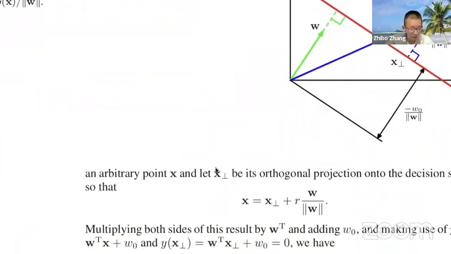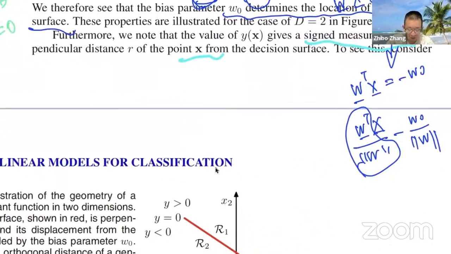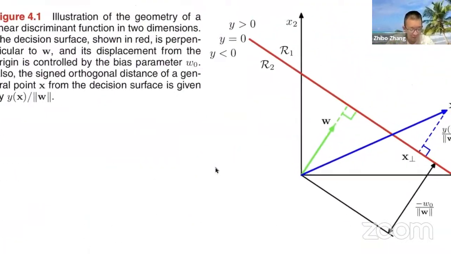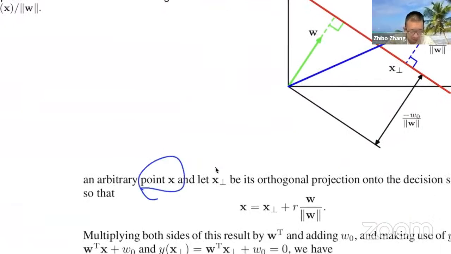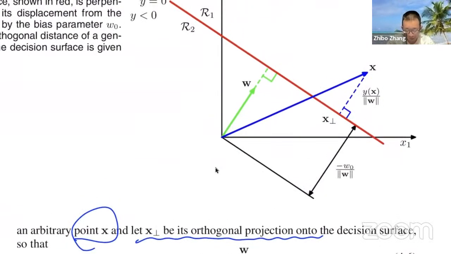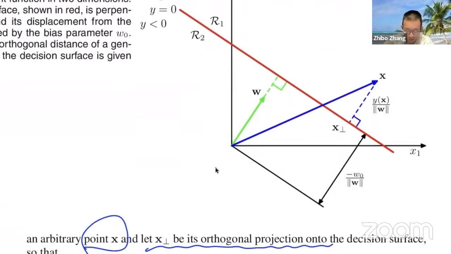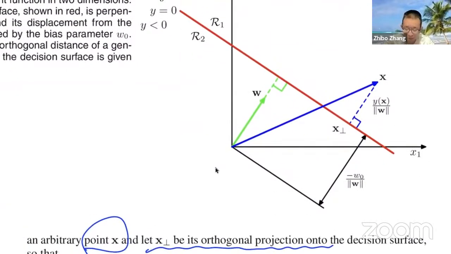To see this, consider an arbitrary point x and let x-orthogonal be its orthogonal projection onto the decision surface. So for example, in this graph, I think it gives an example here.